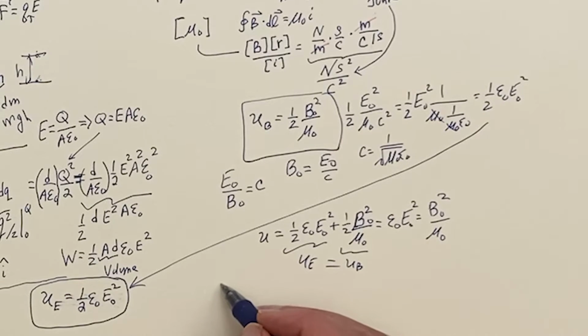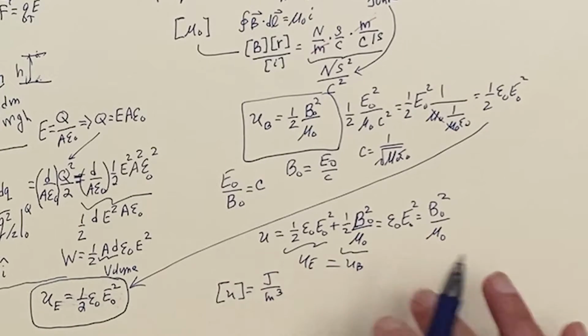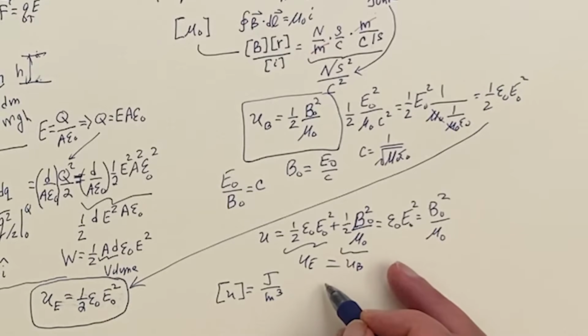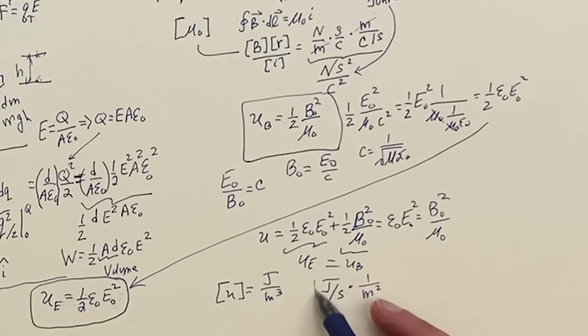And while this here is joules per cubic meter, what would be really nice to have is the transport, in other words, the joules. Think of joules per second, that's your watts, per area. So this is the intensity. Like how much energy is being deposited or transferred per square meter?